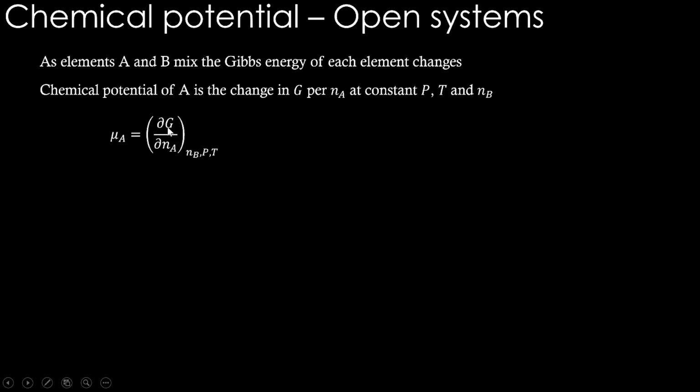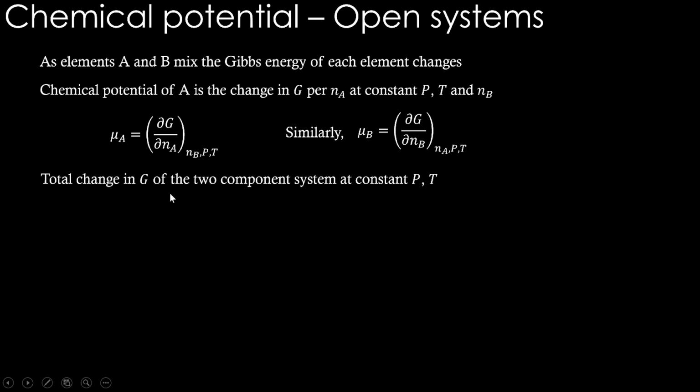So mu A is Gibbs energy change per mole of A when the number of moles of B, pressure and temperature are constant. Similarly, we can have chemical potential of B as Gibbs energy change with respect to the change in number of moles of atoms of B when number of moles of atoms of A, pressure and temperature are constant.